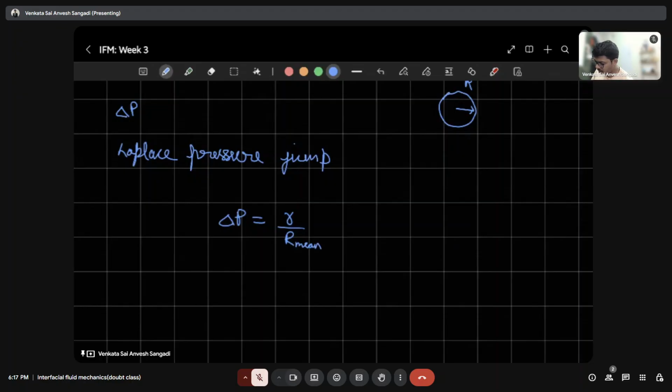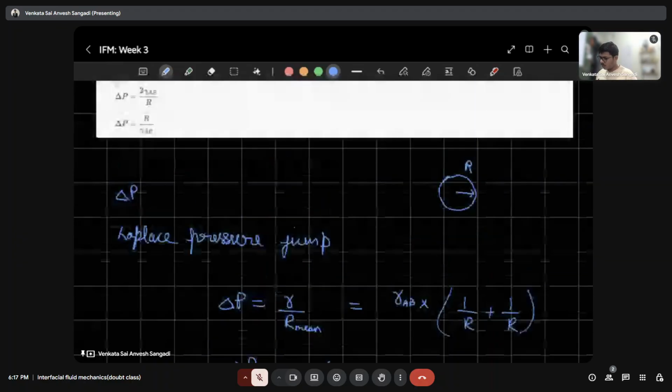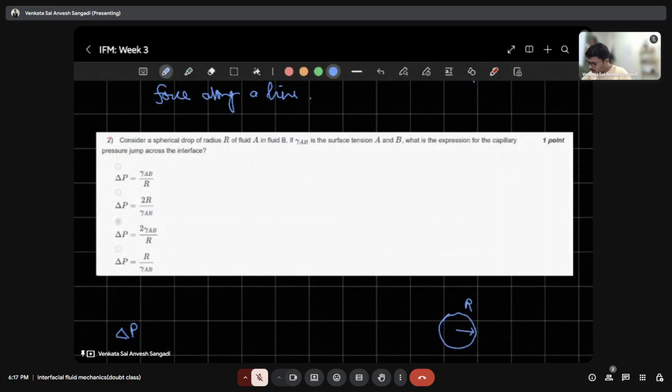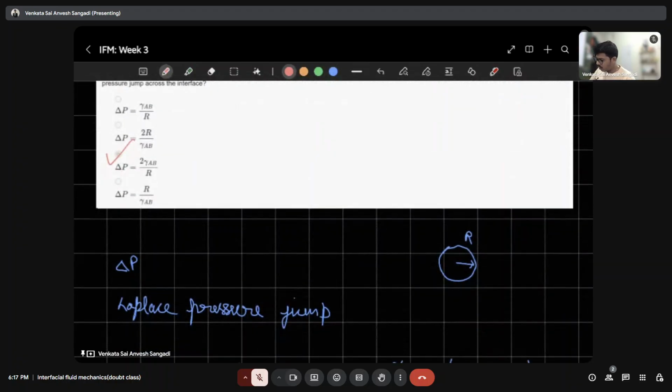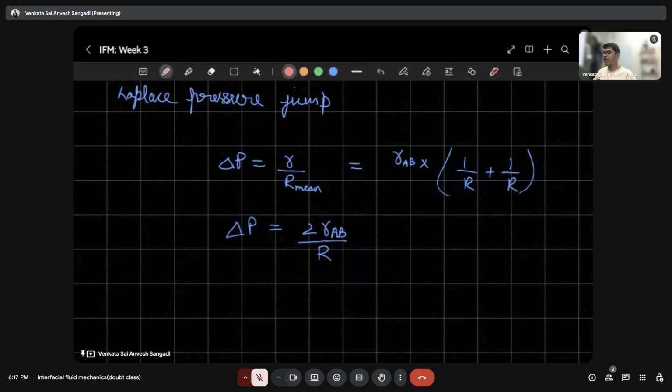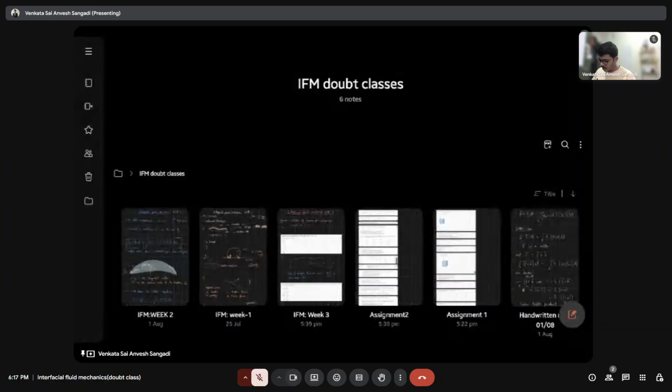Here gamma is gamma AB, and R mean is the mean radius, which for a sphere is just 1 by r plus 1 by r, which equals 2 gamma AB by r. So that is the C part. The answer is C. Let's look at the next question quickly.